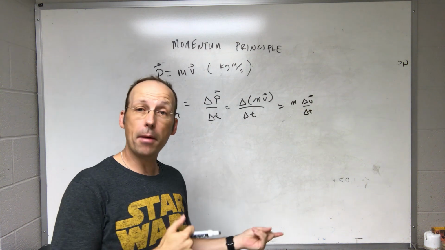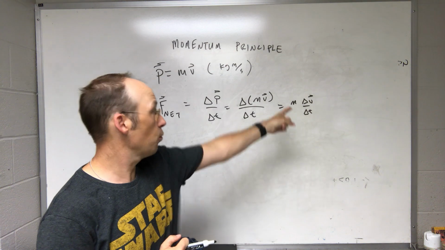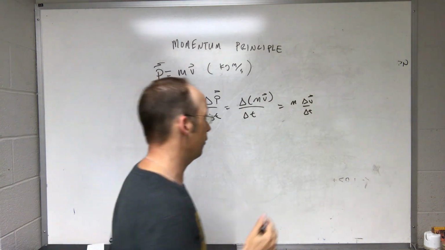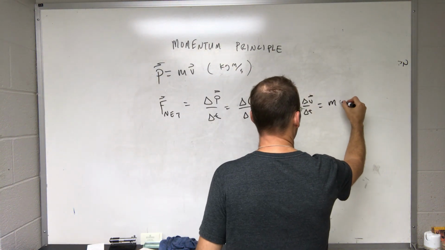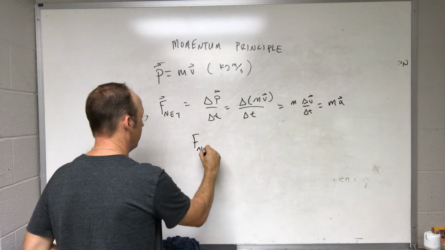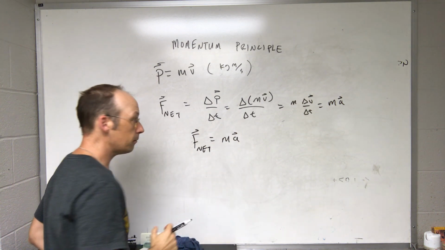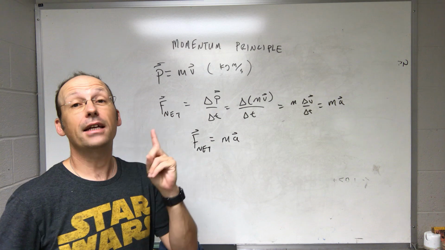And we remember from before that the definition of average acceleration was a change in velocity with respect to time. So this is ma. Okay, so that's Newton's second law. It says F net equals ma.